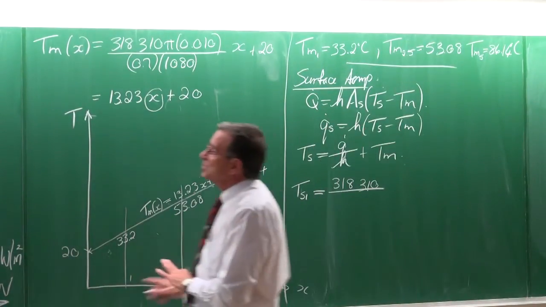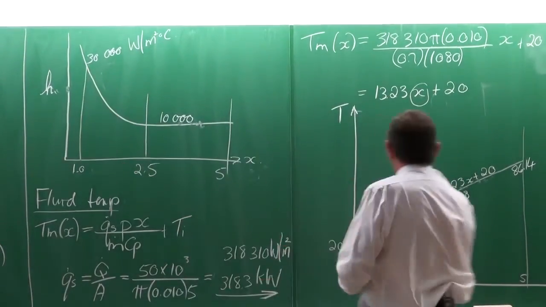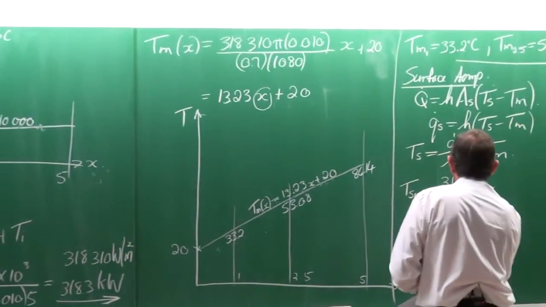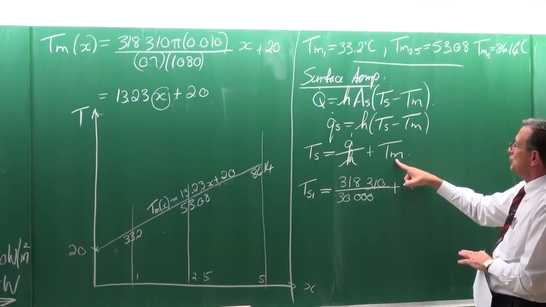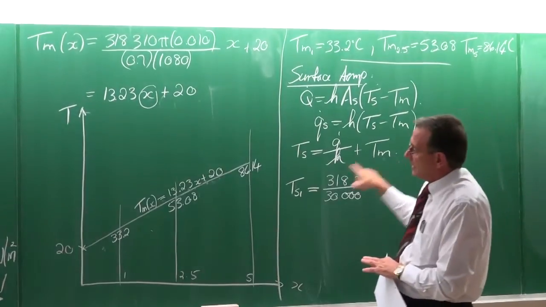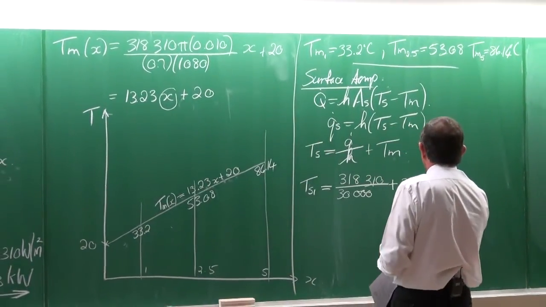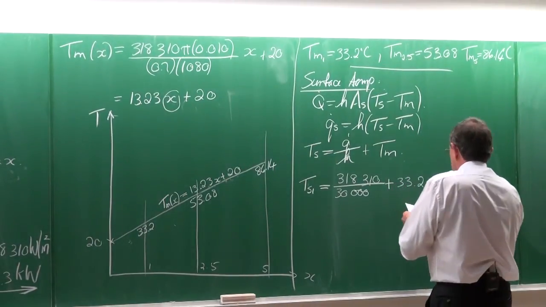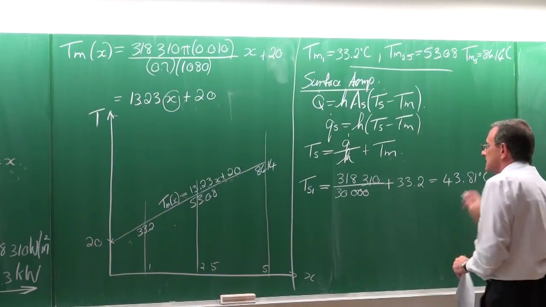The heat transfer coefficient at 1 meter is equal to 30,000. So divided by 30,000, plus the mean fluid temperature at that position at 1 meter, which is 33.2. And the result is a surface temperature of 43.81 degrees Celsius.